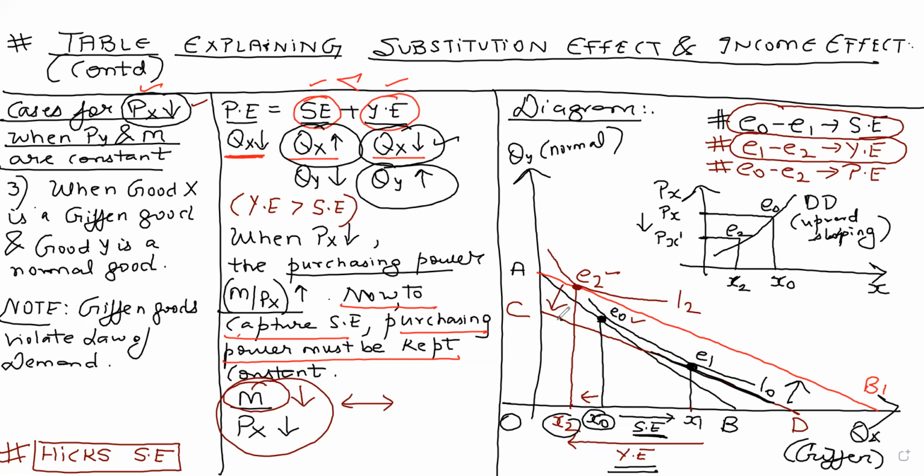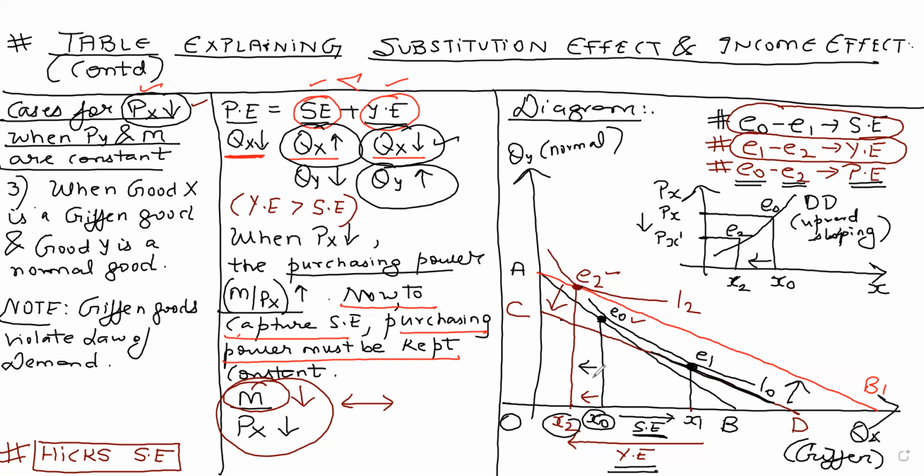The price effect is captured by comparing E0 with the final equilibrium E2. So if I compare E0 with E2 in net terms, we are falling. So when price of good X falls, demand is also falling. So if I plot my demand curve for Giffen goods, it is upward sloping. So I hope all students have understood this case as well.